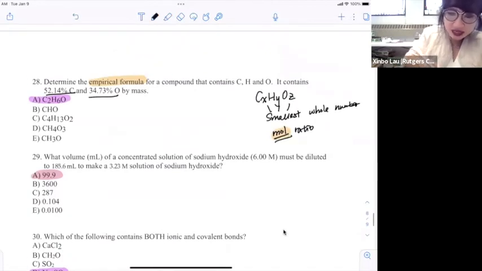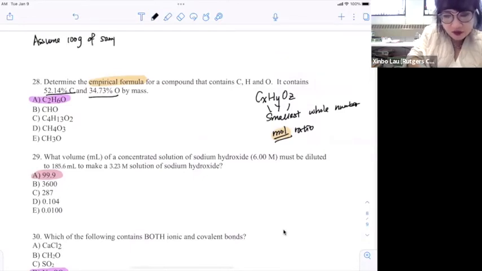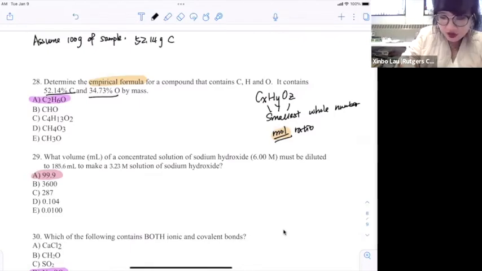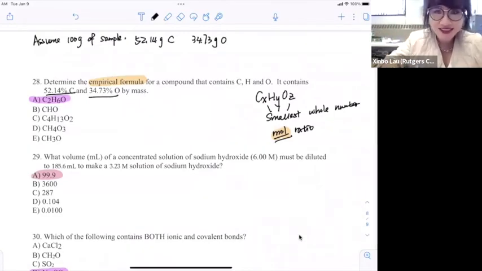So I'll assume we have 100 gram of the sample. Then the percentage simply turns into grams. So now I know I have 52.14 grams of carbon. I have 34.73 grams of oxygen. Then what about hydrogen? If we know inside that compound we have carbon, hydrogen, oxygen, and I know 2 of them, I can calculate the last.